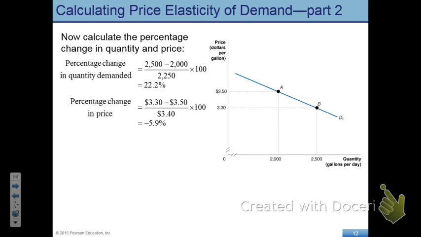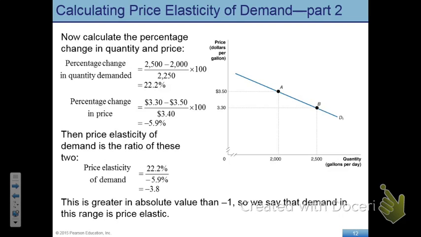My denominator is the average. You find the percentage change in price in the same way, and you find the denominator. Once you take the ratio of these two, you find that your price elasticity of demand is minus 3.8, where the absolute value is greater than 1, meaning that your demand is elastic. Okay?